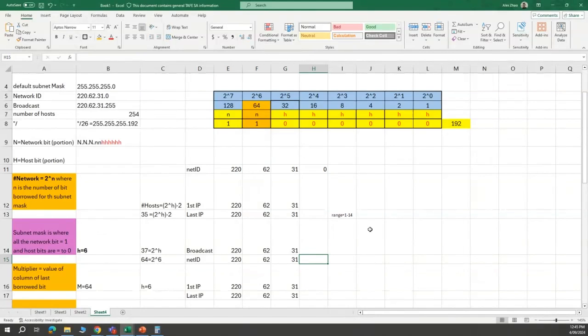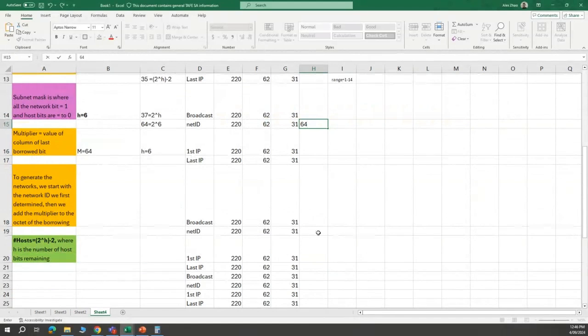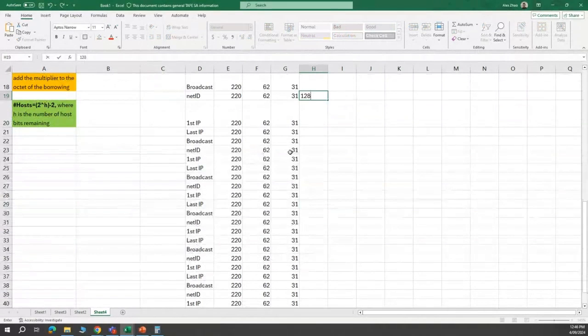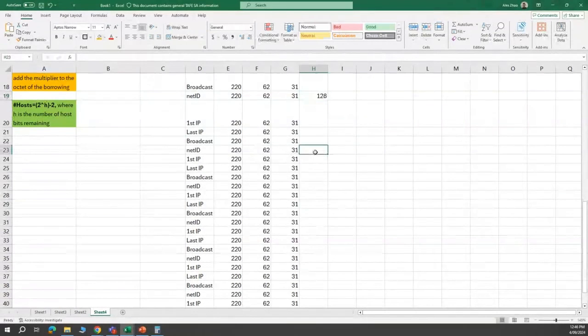We start off with the original network ID, and the next network ID is 0, or the network ID in that octet, plus the multiplier, which is 64. 0 plus 64 is 64. The next network ID is going to be 64 plus 64, 128. And the next network ID is 128 plus 64, which is 192. And the next network ID is going to be 256.